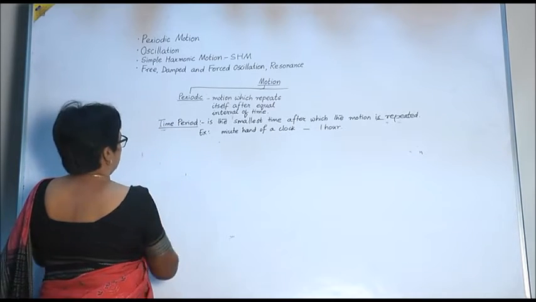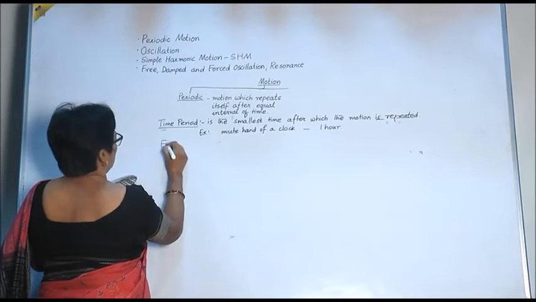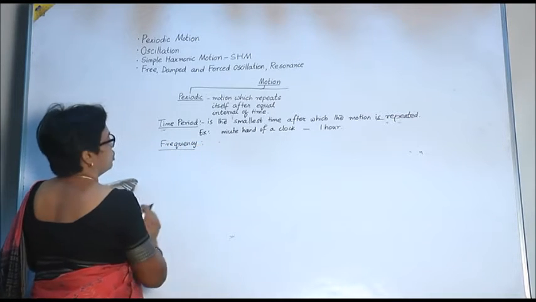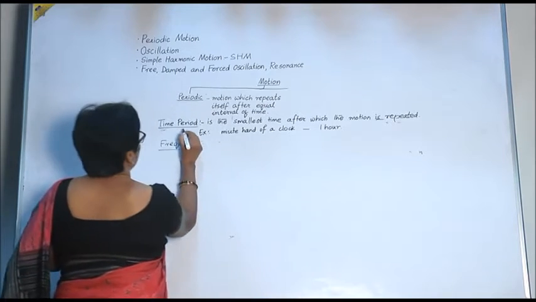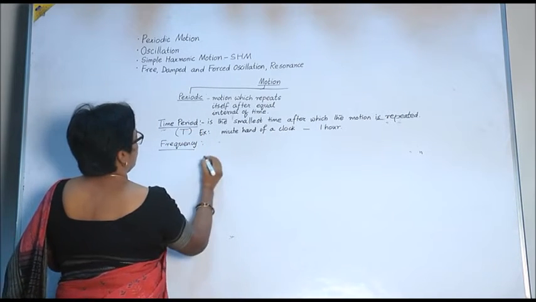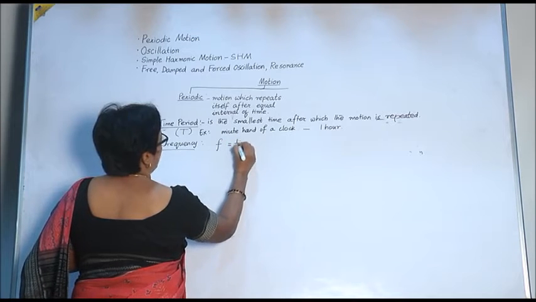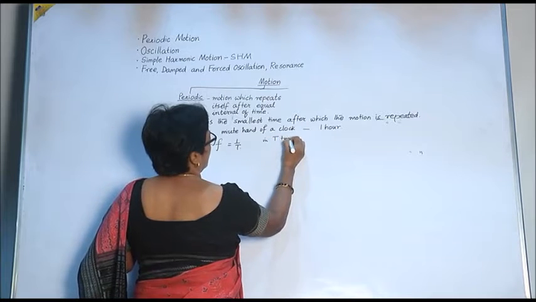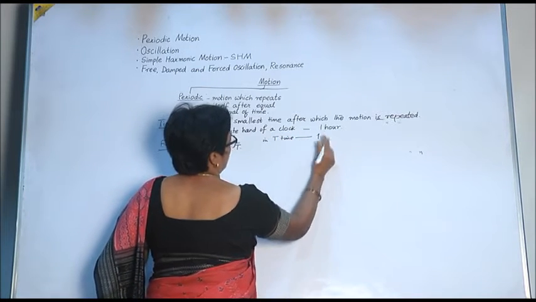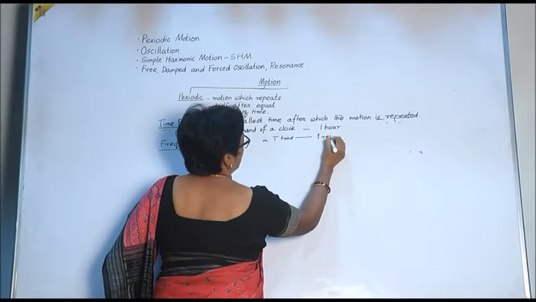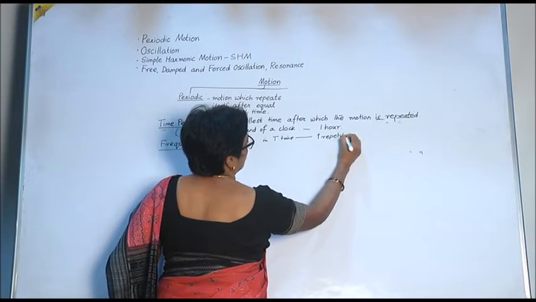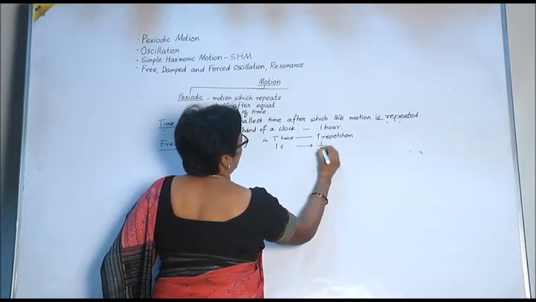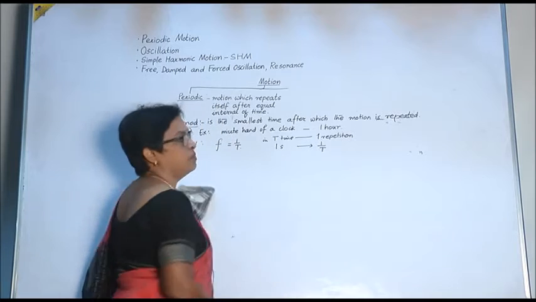Then we can define a frequency. For any periodic motion, we denote the time period by a capital T. So, frequency f is equal to 1 by T. See, in T time you are going through one repetition. So, in 1 second, the repetitions will be 1 by T. This is the number of repetitions.